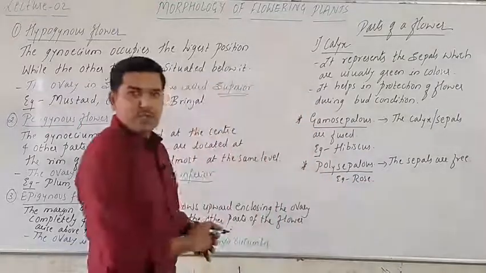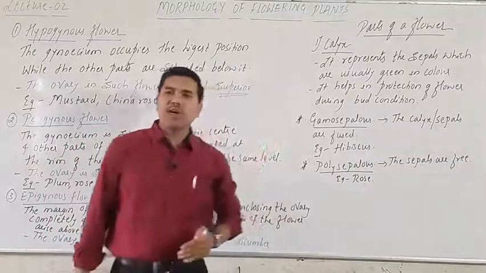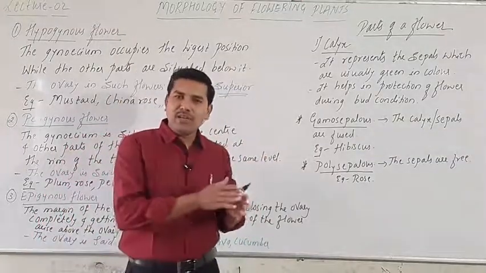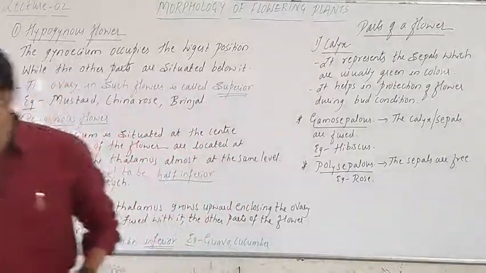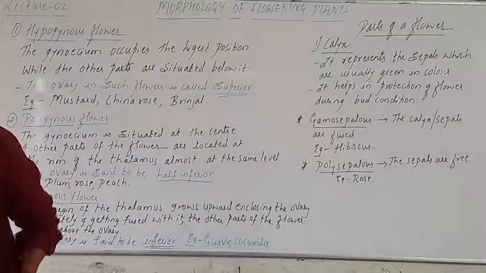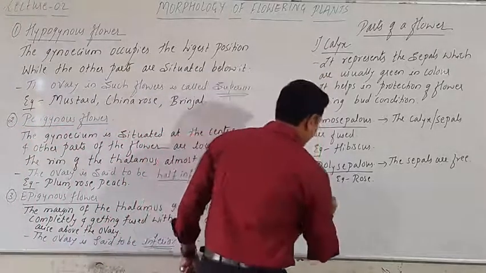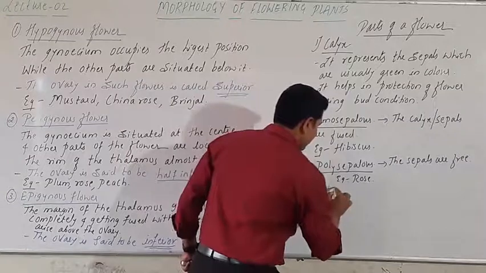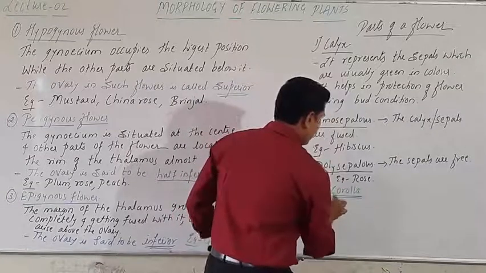Okay, so this is regarding the calyx. The second part is the corolla. In the corolla also we are using the same terms, but with a little bit of difference. What is that difference? We will see. The first part is calyx, the second one is corolla.